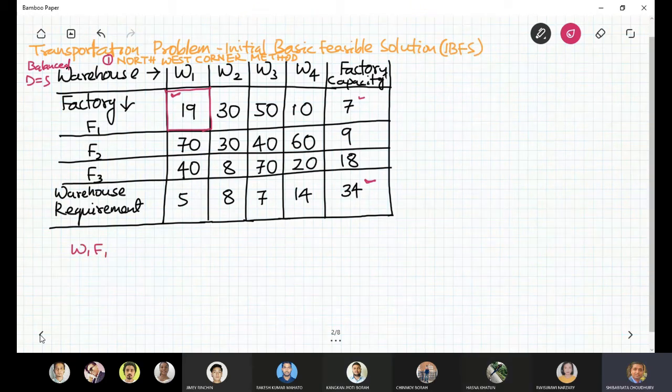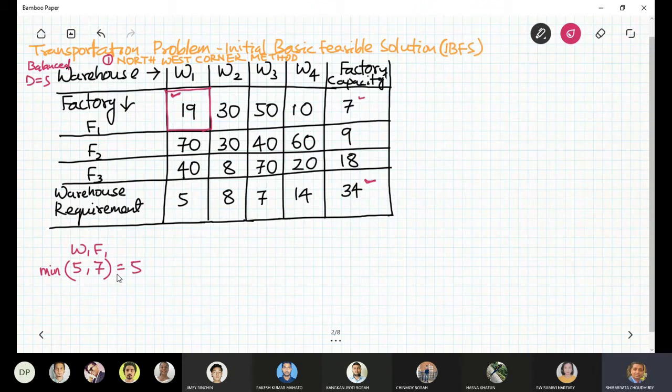Warehouse 1 has how much requirement? 5. Factory 1 has how much? What is the factory capacity? The factory capacity is 7, but the warehouse requirement is 5.